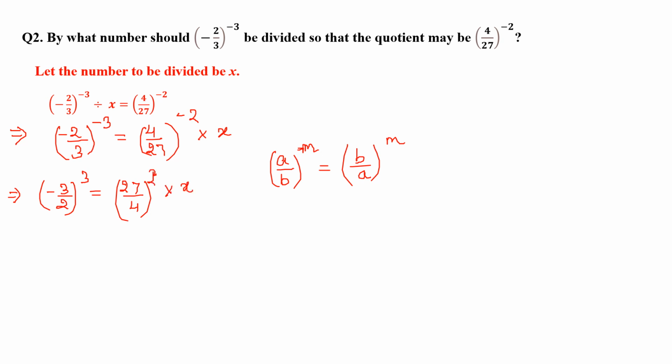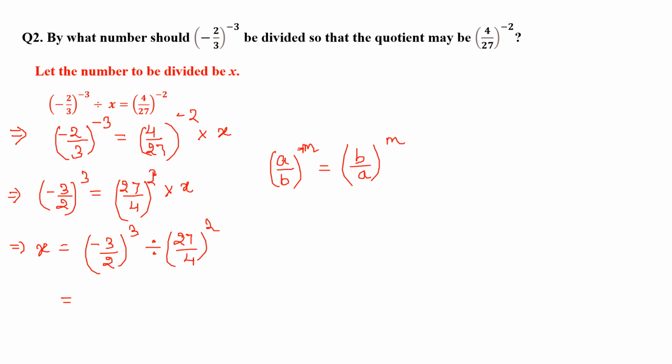And I have to get the value of x from here. So what I will do, I will transpose 27 by 4 whole square to the other side. So multiplication will change to division. So minus 3 by 2 whole cube divided by 27 by 4 whole square.